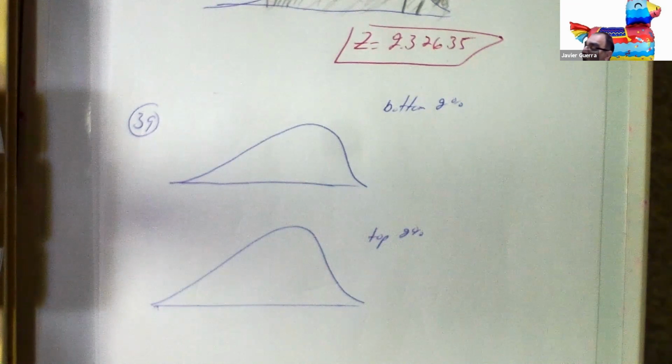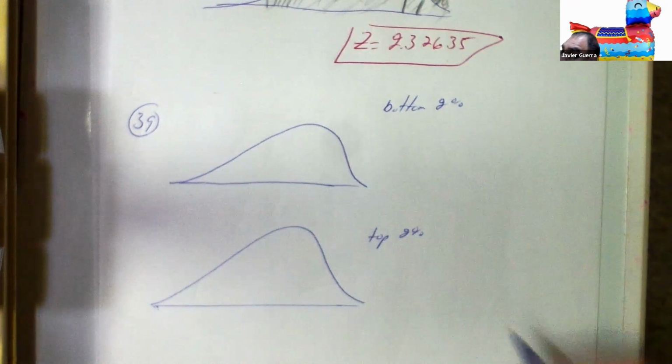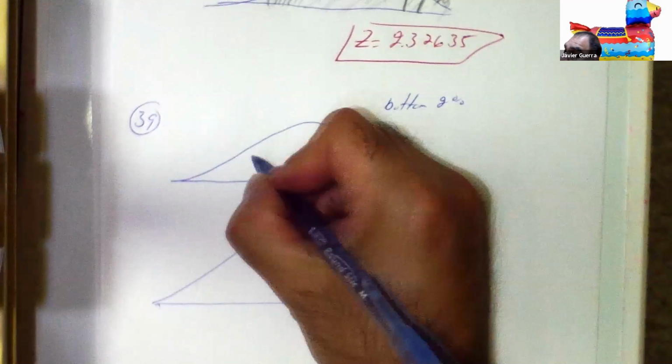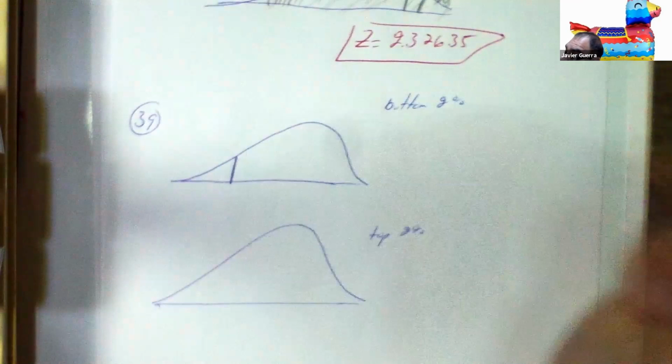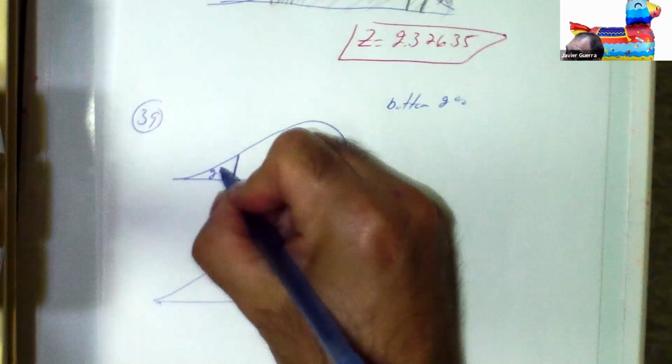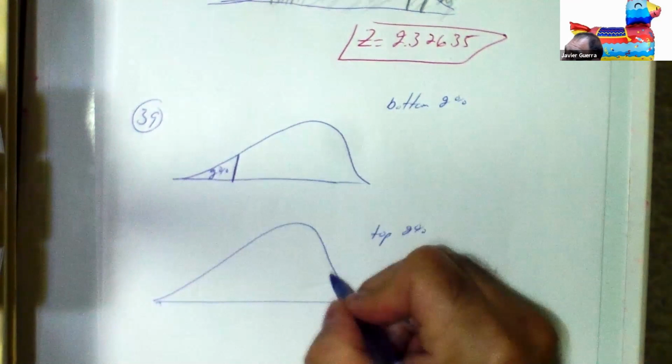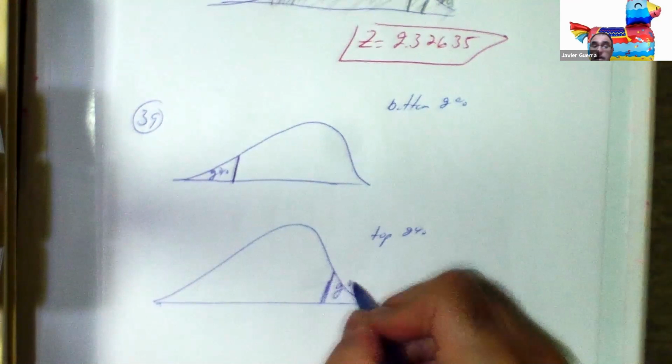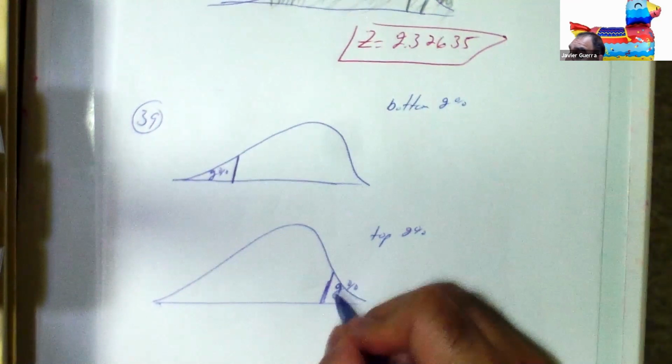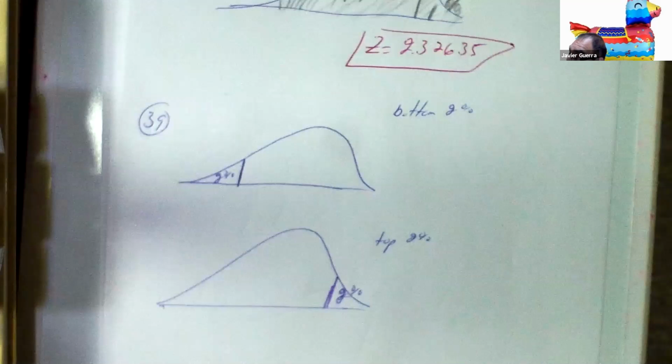Okay, so bottom 2, there it is. There's the bottom 2%. And then here is the top 2%. And they want you to figure out the Z number that it represents.